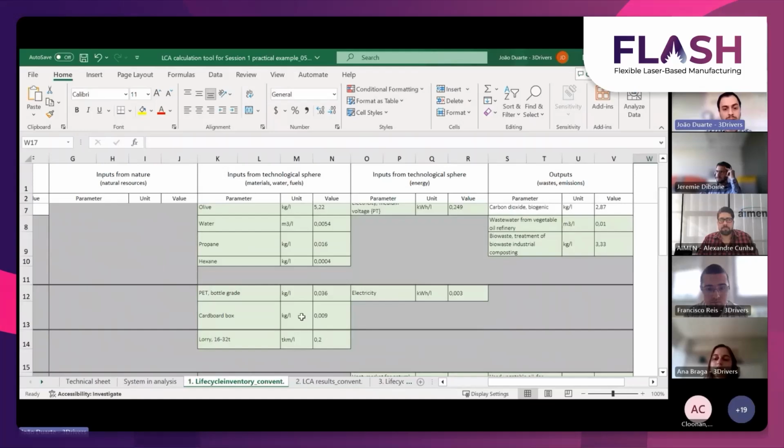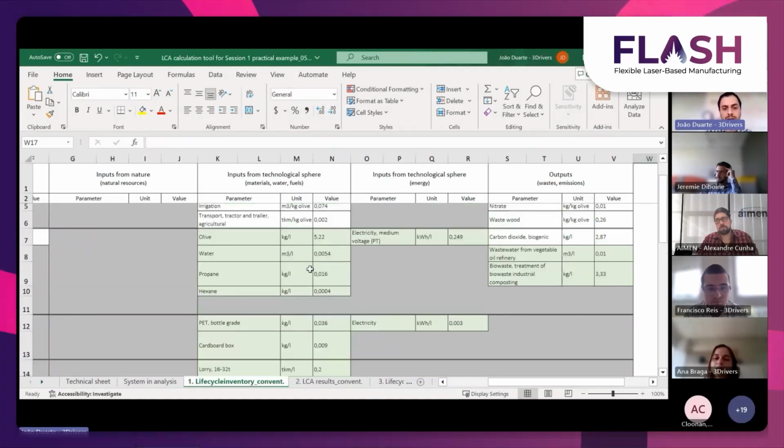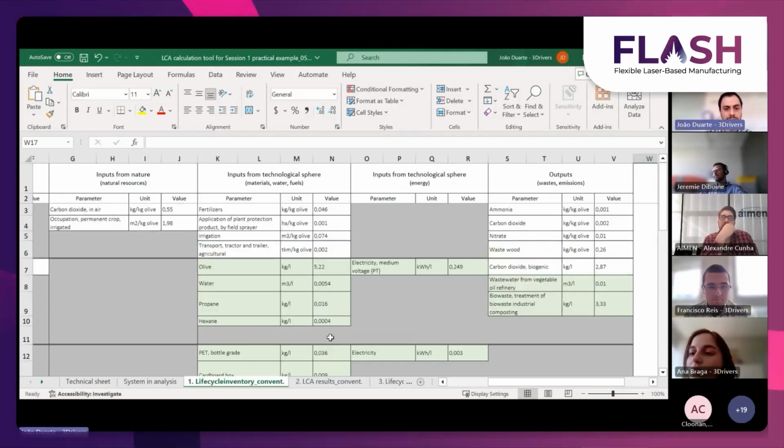The cells that are here in green are the cells where you can change values, and Excel will calculate the impacts based on the values that are introduced. So, for example, these cells here in white are all considered here in the olive. So, if we want to change something in this sheet related to the first life cycle stage, we need to change it here in the olives.